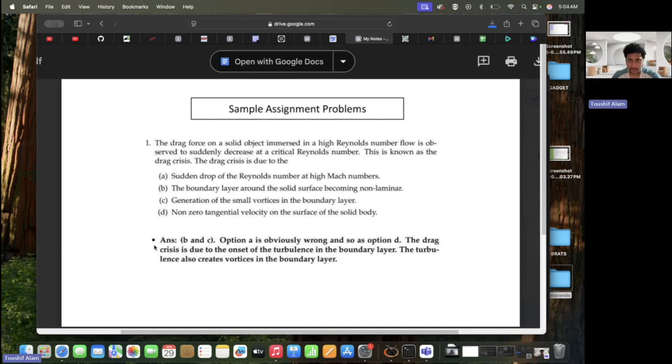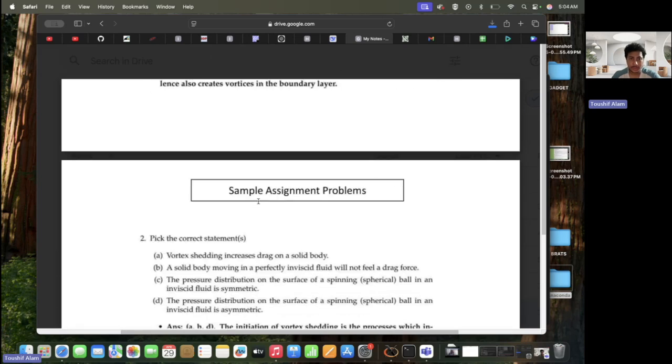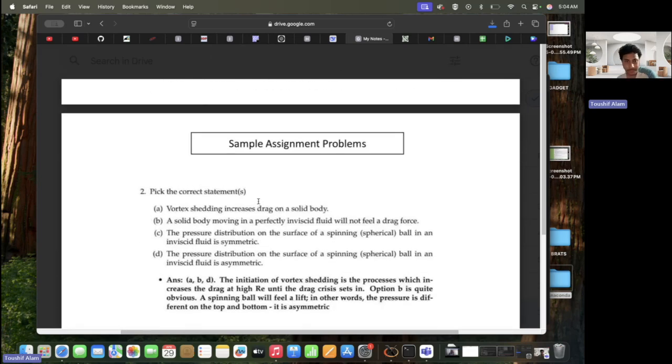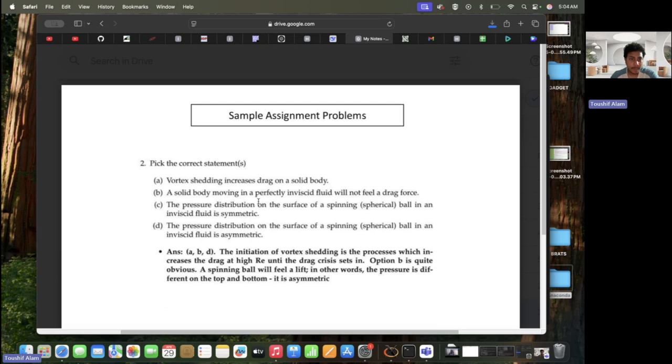The drag crisis is due to the onset of turbulence in the boundary layer. The turbulence also creates vortices in the boundary layer. So the boundary layer on the solid surface becoming non-laminar and generation of small vortices in the boundary layer are the right options.